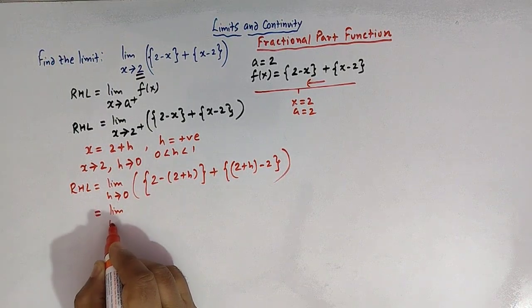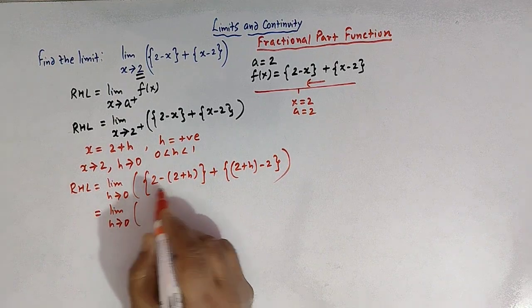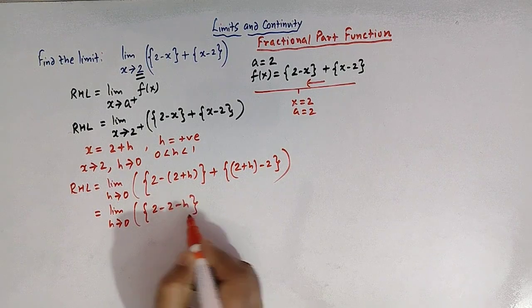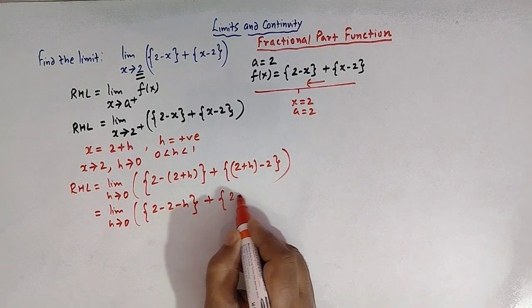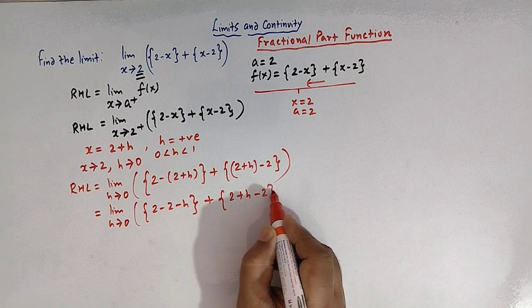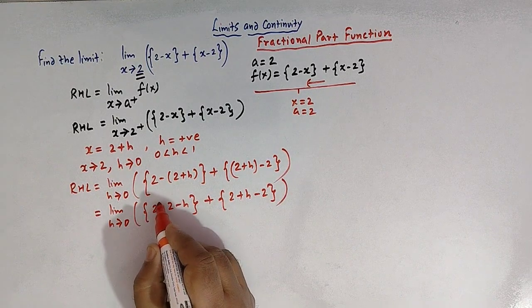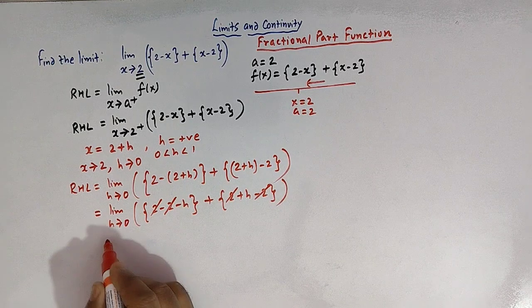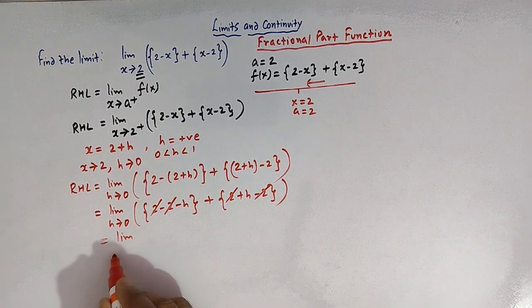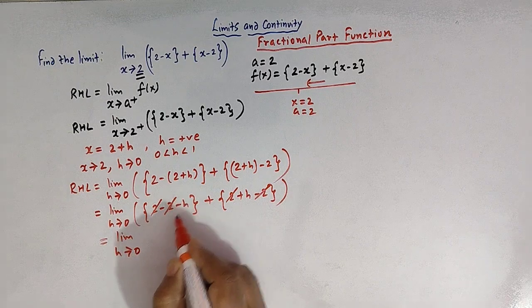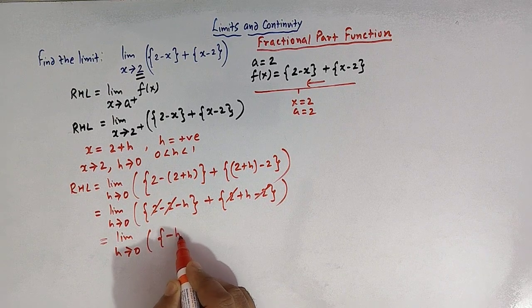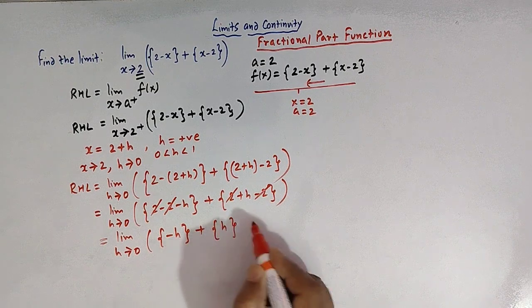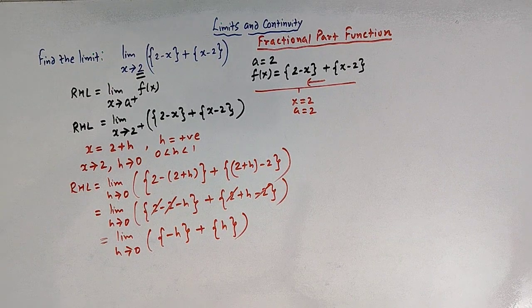So we have limit h tends to 0, and here we have a fractional part of 2 minus 2 minus h, and here we have 2 plus h minus 2, right? So now this 2 and this 2 get cancelled. Similarly, this 2 and this 2 get cancelled, and we are left with the limit h tends to 0, and here we have fractional part of minus h, and here we have fractional part of h, right?